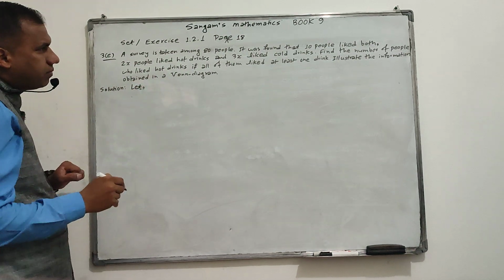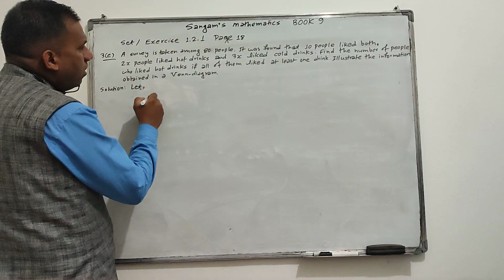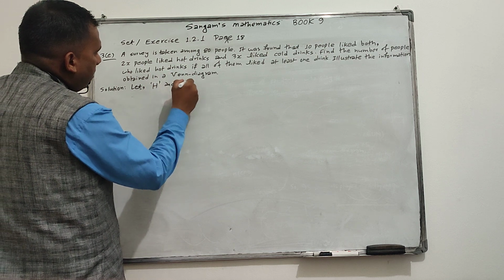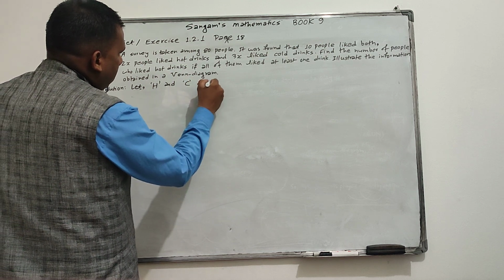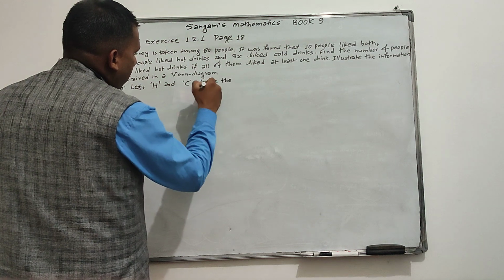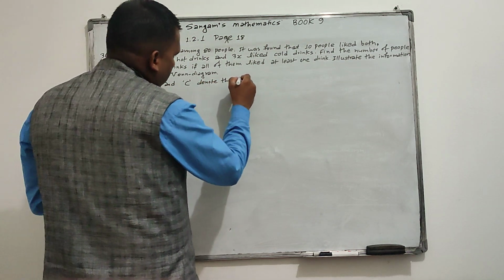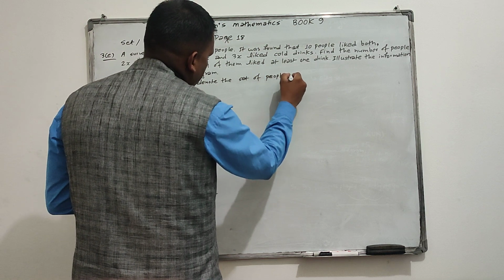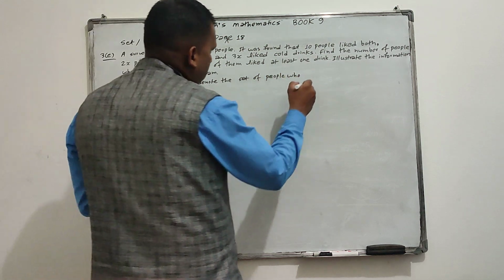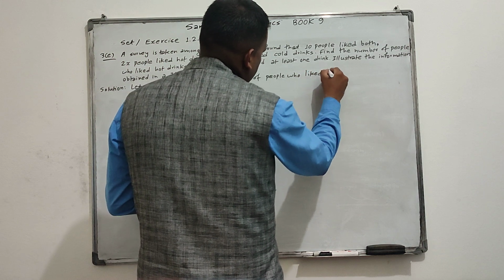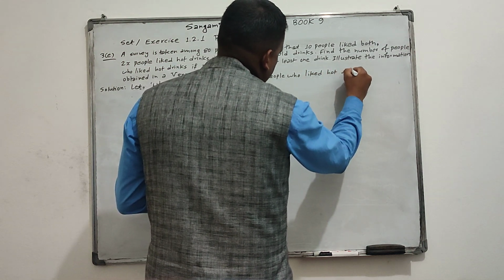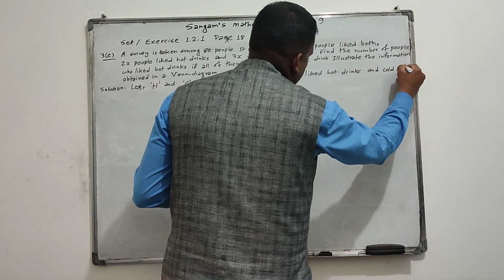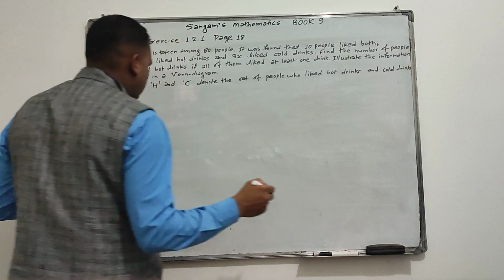Let S and C denote the set of people who like hot drinks and cold drinks respectively.